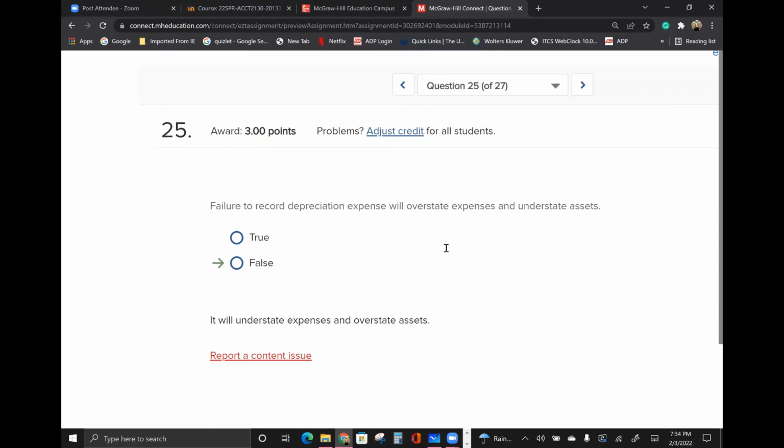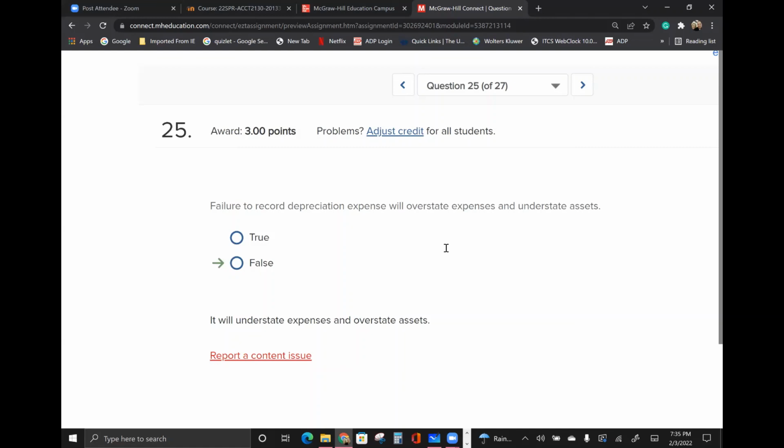It's not going to understate it. What's happening is it's overstating the asset, because I was supposed to do an entry. Let's say the asset's 10,000. When I do the entry for my adjustment, it's reducing it by, let's say, $1,000. So then the net book value is 9,000. If I don't do that, it's not going to understate my asset, because it didn't change. It stayed 10,000. Understating means I would have taken too much away.